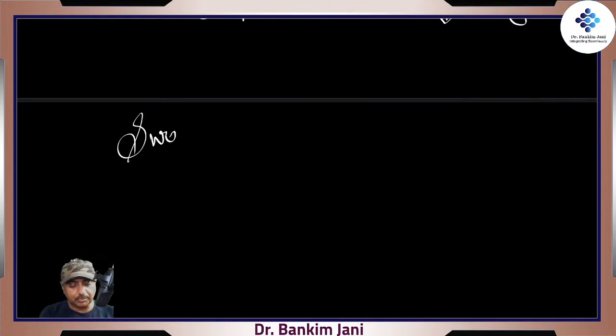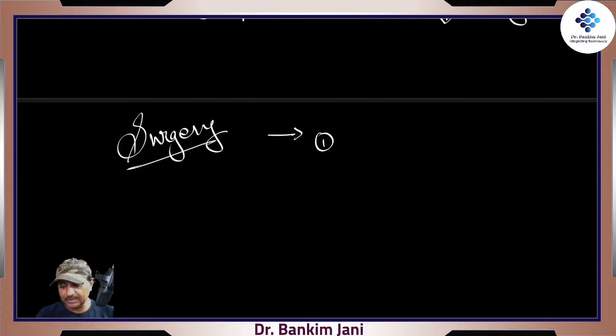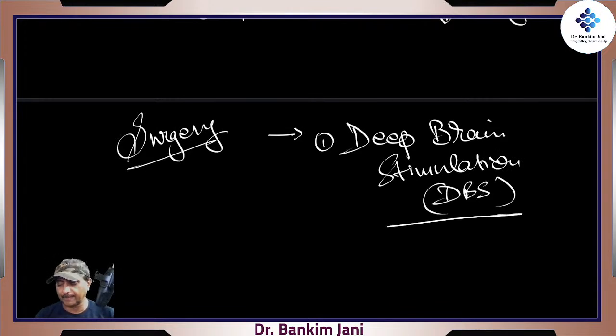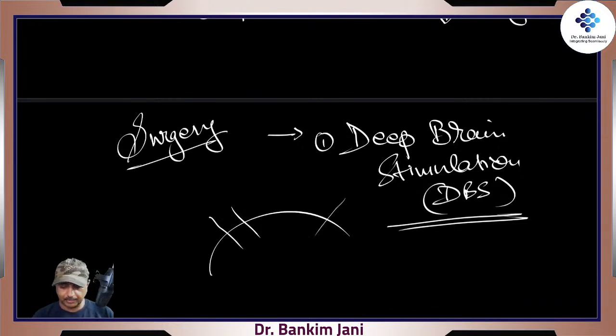Surgery will come into picture only when the medicines are not effective. Many things, but always they start with deep brain stimulation, DBS. In deep brain stimulation, this is the skull, holes are created and then the probes are inserted in, and then the current is passed.